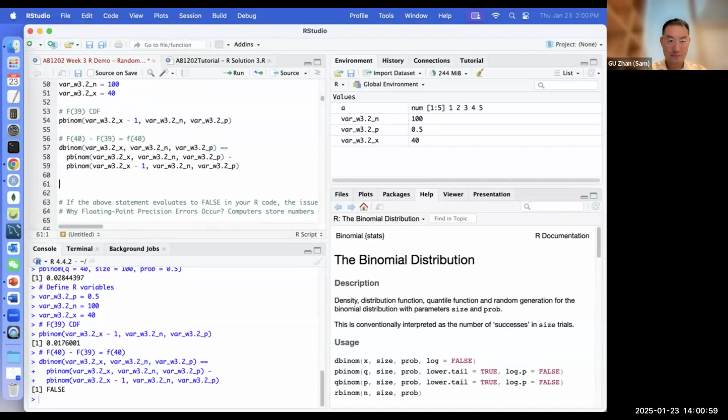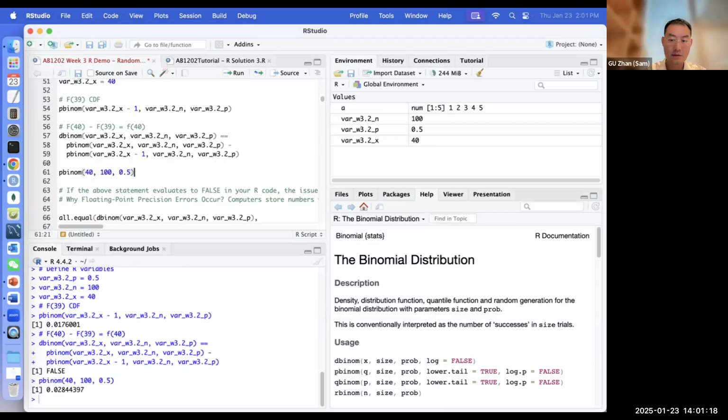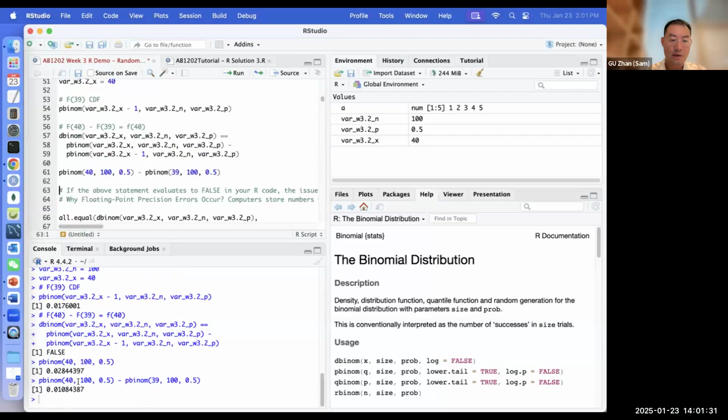Smaller f, pbinom. Just better I write it for you: pbinom(40, 100, 0.5) minus pbinom(39, 100, 0.5). You get 0.0189.